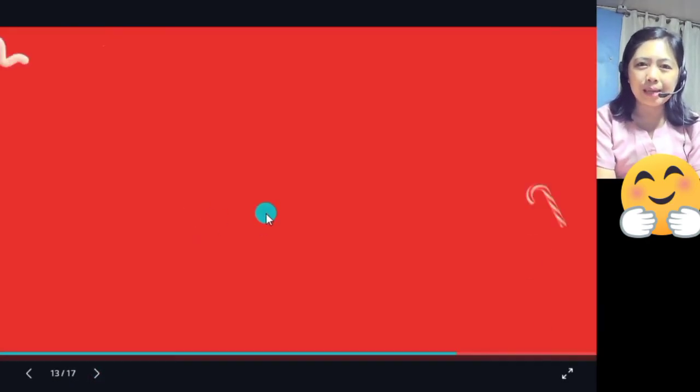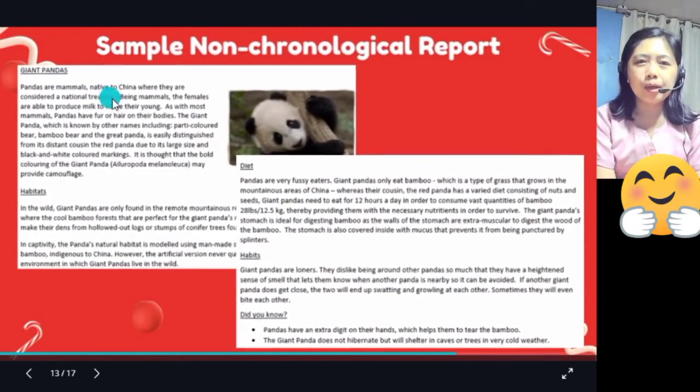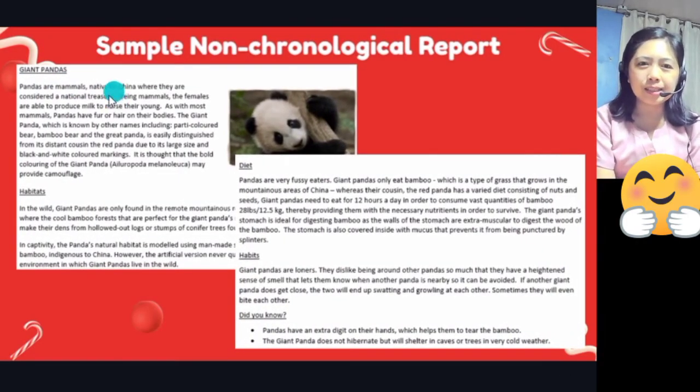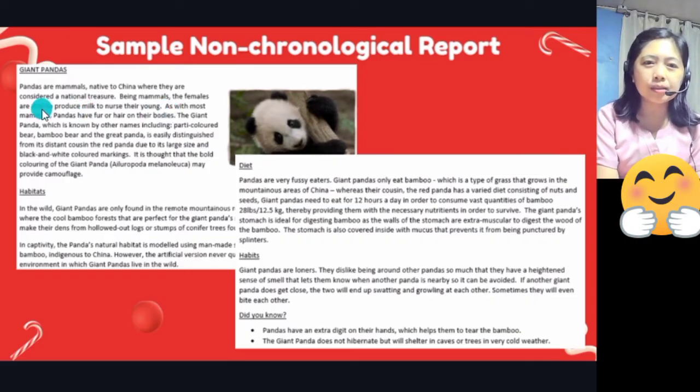Just like our example here, okay, the topic is about giant pandas. And here we provide general information about them. Pandas are mammals native to China where they are considered a national treasure. Being mammals, the females are able to produce milk to nurse their young.